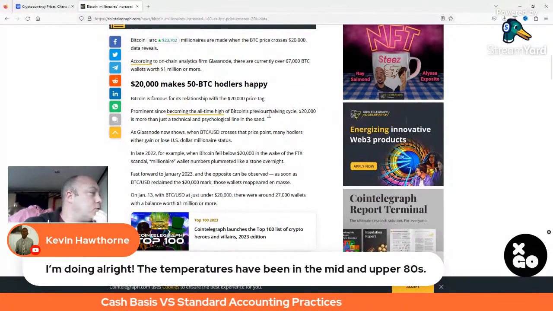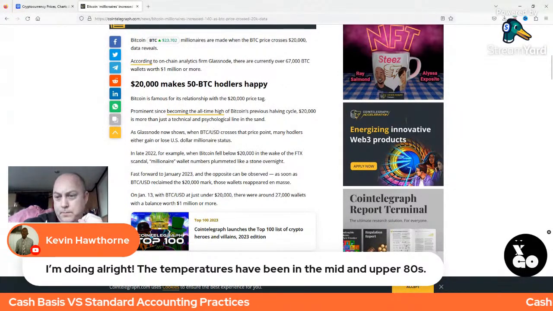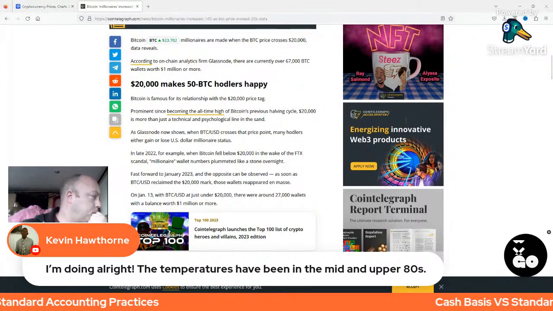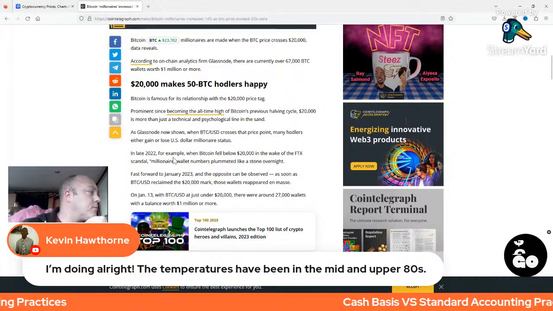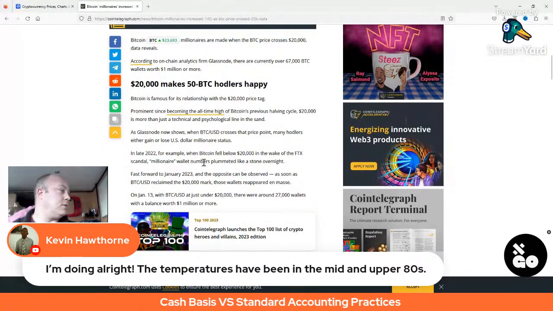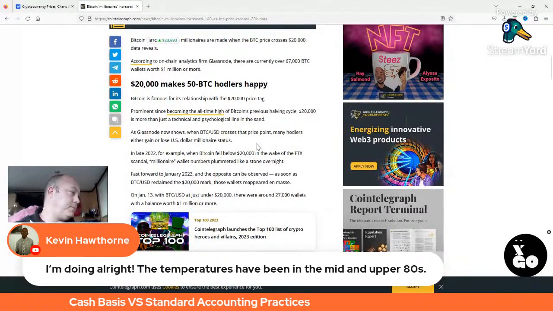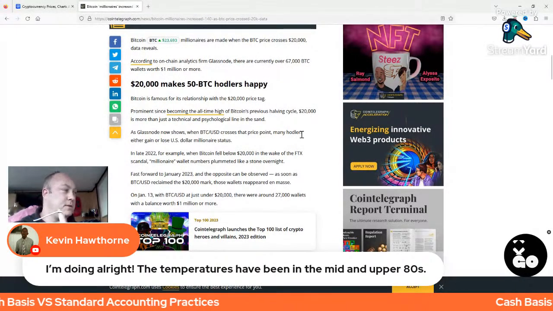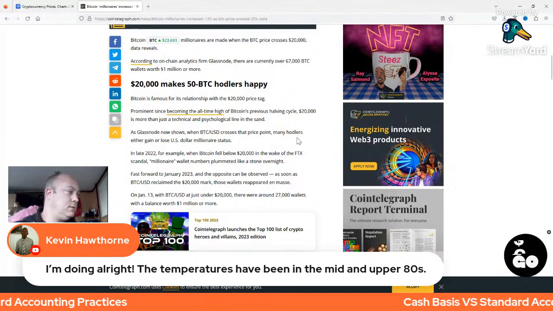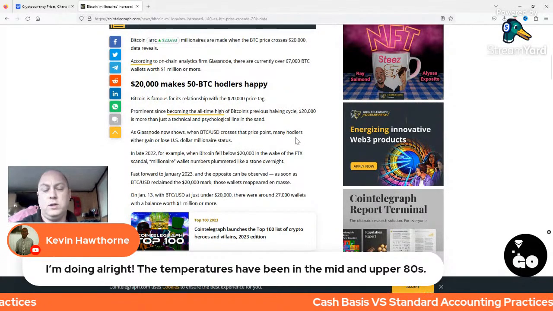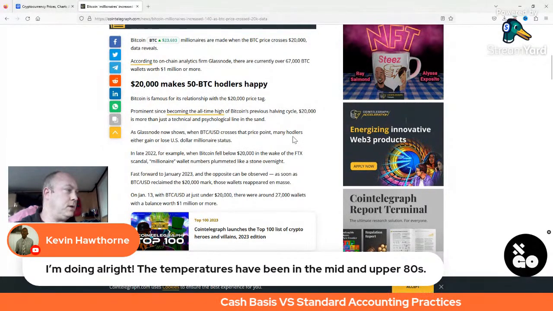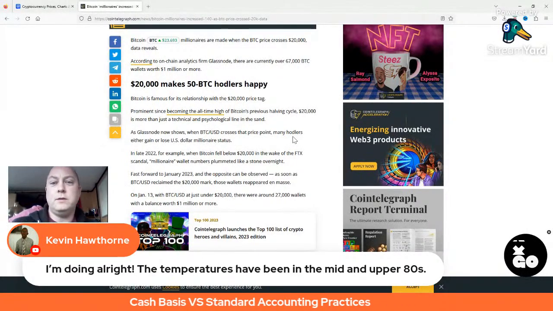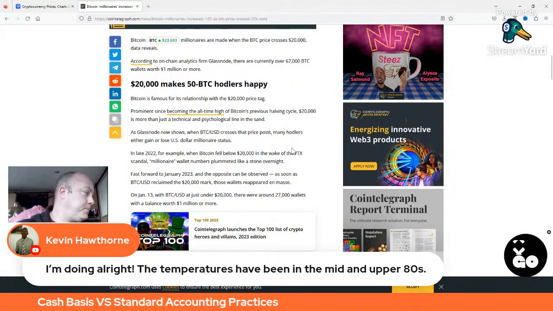As Glassnode shows, that was my laptop, sorry. In late 2022, Bitcoin fell below 20,000 in the wake of the FTX scandal. Millionaire wallets plummeted like a stone overnight. This is basically saying that because Bitcoin has crossed 20,000, it's made millionaires up 140%.